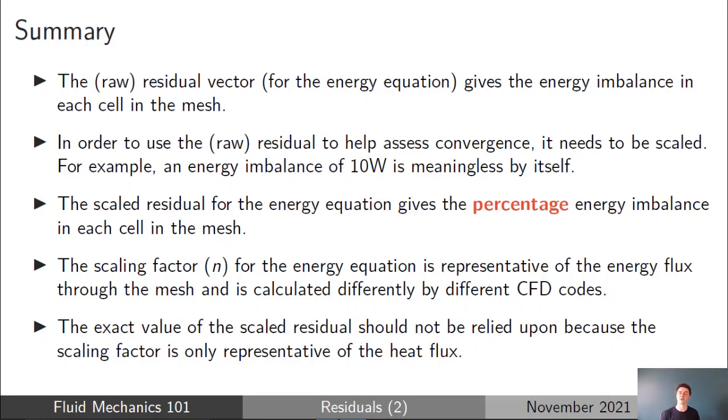And it's for this reason that we often look at other metrics as well when we're assessing the convergence of our CFD codes. And that's something I'm going to look at in future talks. So that brings us to the end of today's talk. I'm really hoping that with today's talk, you've built some deeper understanding of what residuals actually are when CFD codes calculate them.